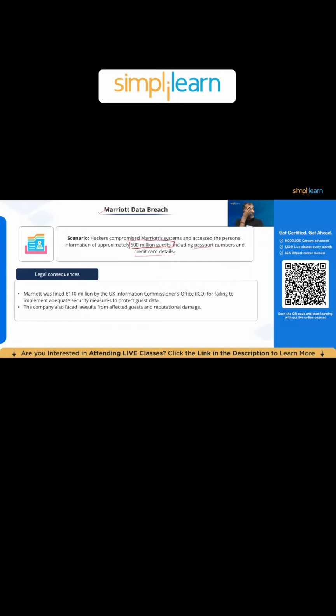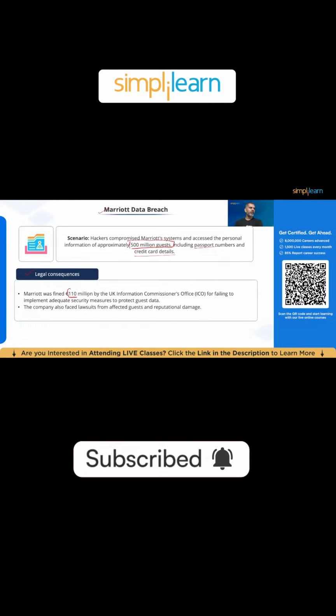So that happened, and with respect to that, there were again some legal consequences faced by Marriott, and Marriott was fined around 110 million euros. This was imposed by the UK Information Commissioner's Office (ICO) for failing to implement adequate security measures to protect guest data.